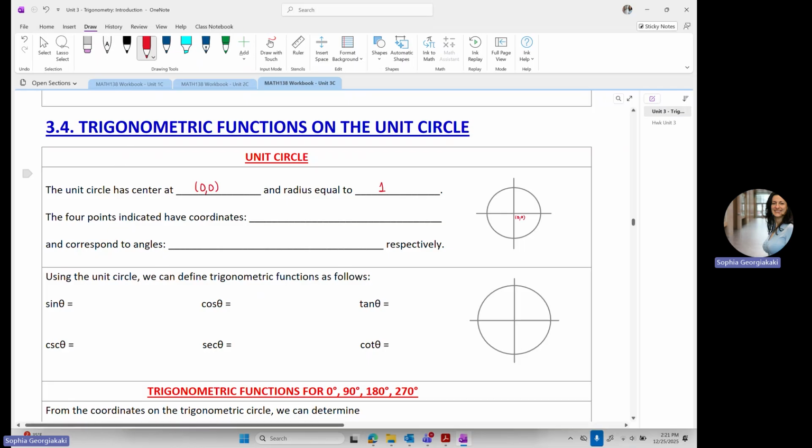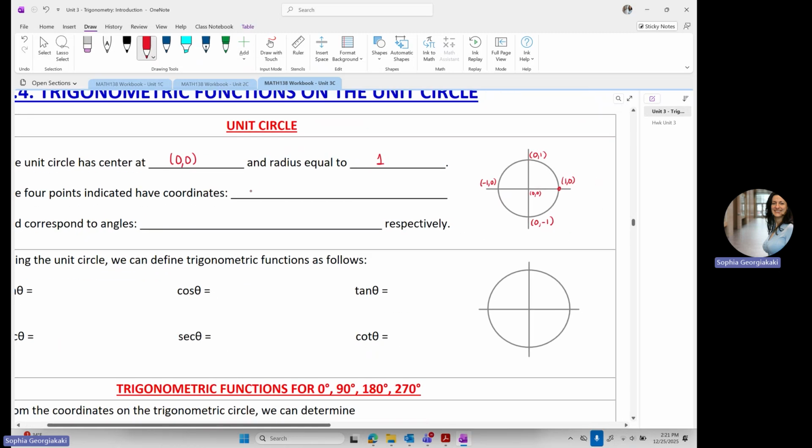And then the 4 points indicated when we were sketching the graph were the rightmost point with coordinates (1, 0), the top point (0, 1), the point on the left (-1, 0), and the point in the bottom (0, -1). So these are the 4 points that I used to sketch the circle in the Cartesian coordinate plane.